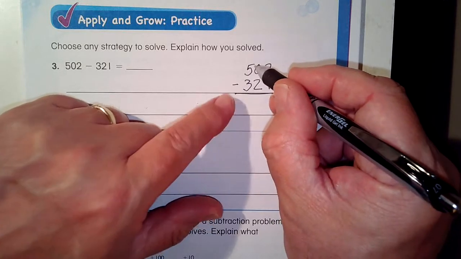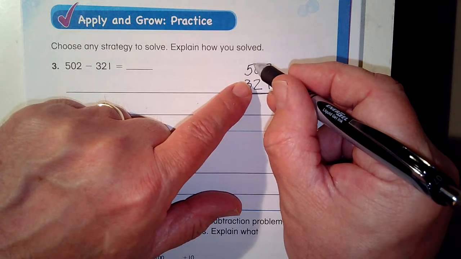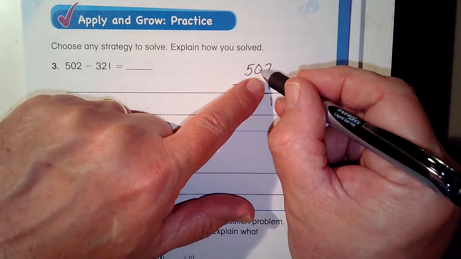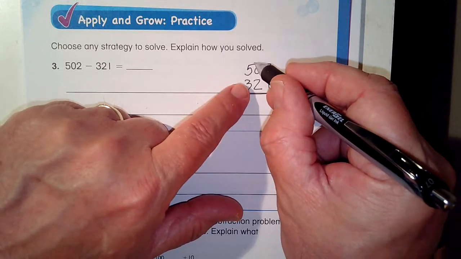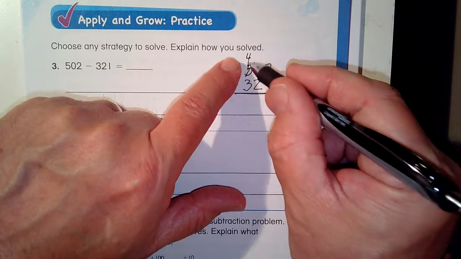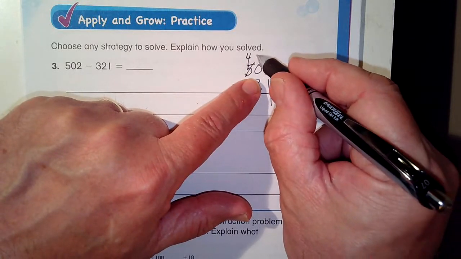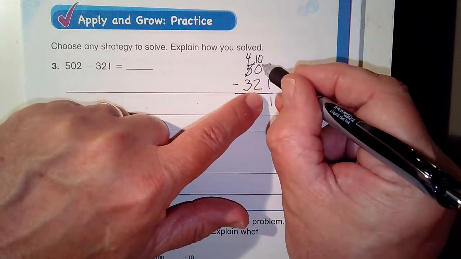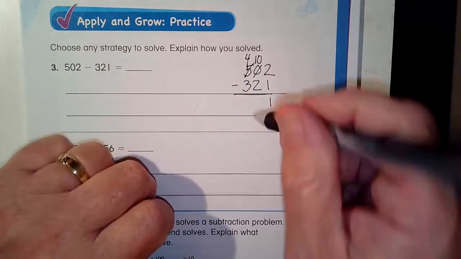Okay. Let's add to the 0. Here we go. I have 5 hundreds, and I need to trade one of those hundreds into tens. So here we go. One of those hundreds goes away. Now we only have 4 hundreds. 10 of the tens go with the 0 tens, and that makes 10. Instead of 0 tens, now I have 10 tens.